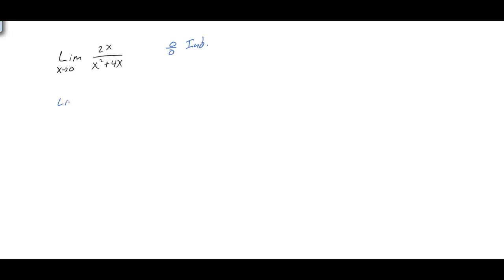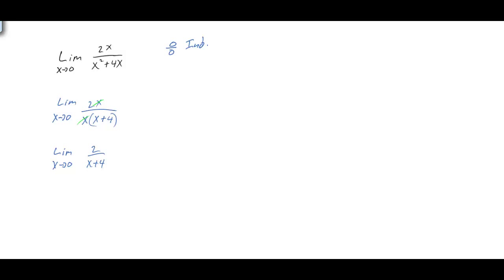So it looks like we should be able to factor as one of our techniques. In this one, we can factor an x out of the bottom. Then we notice the x on top and the x on the bottom cancel. So we're left with 2 over x plus 4.